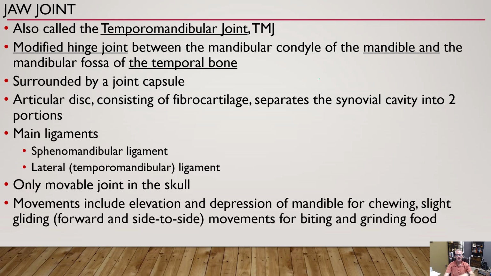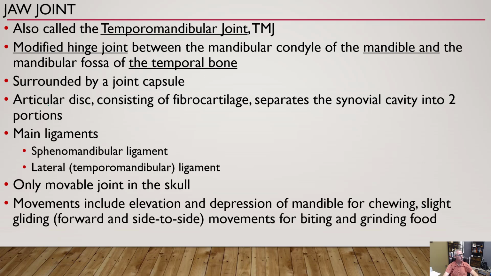Remember, we talked about a hinge joint. It's between the mandibular condyle of the mandible, that's your lower jawbone, and the mandibular fossa of the temporal bone. It also has a joint capsule.